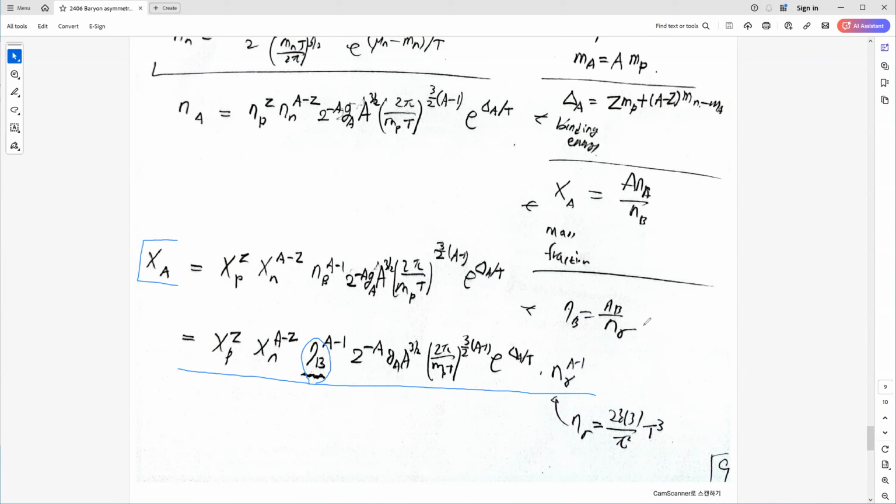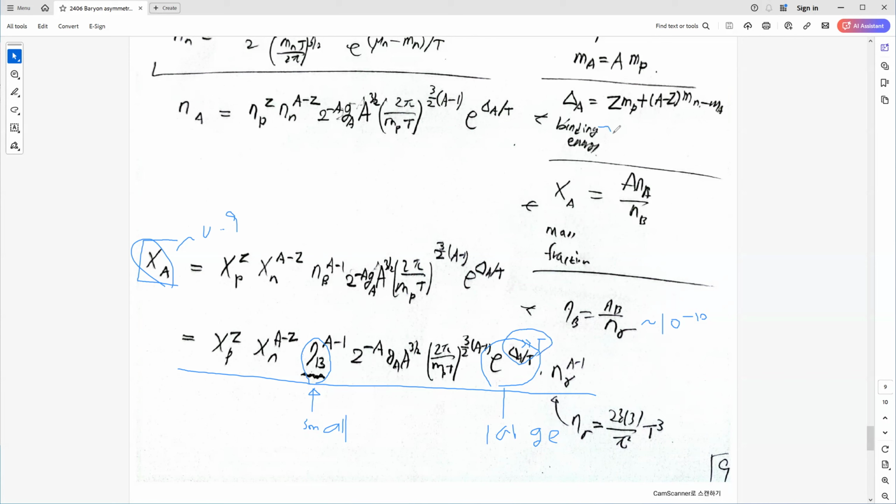And this eta_B is extremely small, 10 to the minus 10. So this makes the exponential factor need to be large. To give a large mass fraction X_A of almost 0.9 when BBN occurs, this exponential factor should be large. That means the temperature should be smaller than the binding energy.